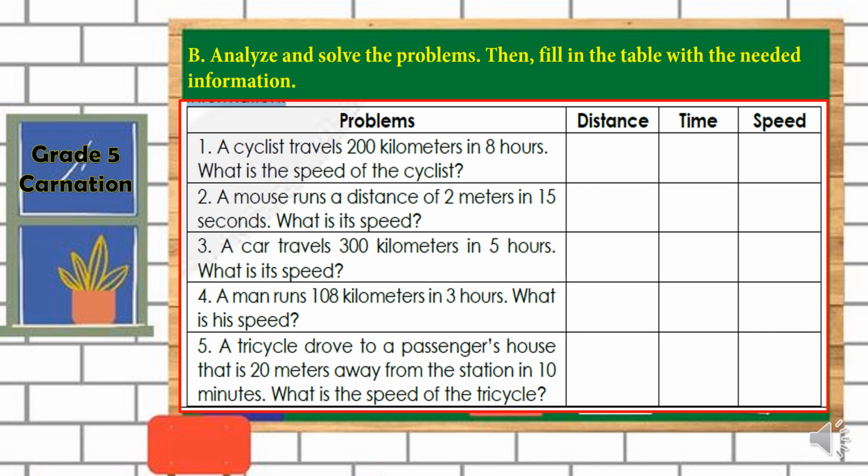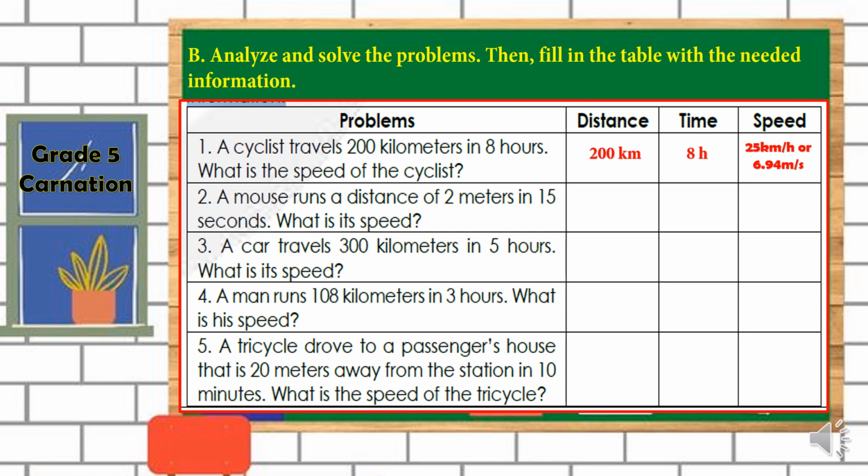So for the first problem we have a cyclist travels 200 kilometers in 8 hours. What is the speed of the cyclist? So the distance is 200 kilometers. The time we have 8 hours. And the speed is 25 kilometers per hour or 6.94 meters per second.